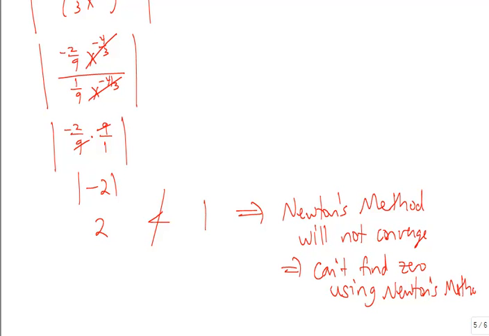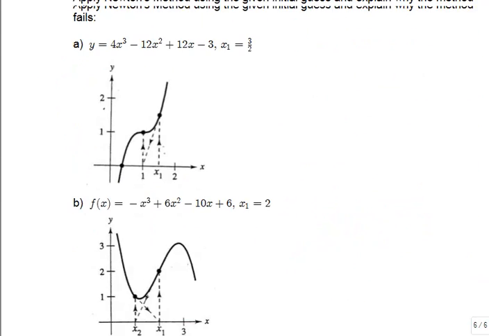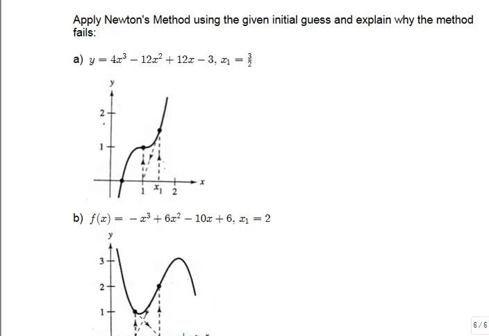All right, on this last page, we're going to see some applications of Newton's method, and we're going to explain why this method fails. So here we have the graph of this cubic polynomial, and the first guess is at 3/2, so 1.5. So here's the first guess, and look at what Newton's method is going to do.